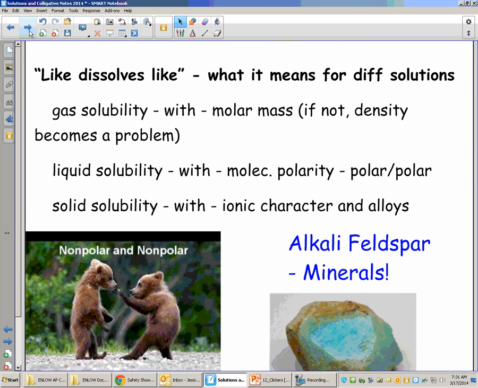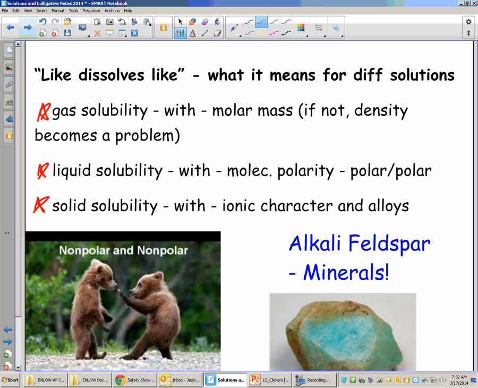And we pretty much just went through that. These are the three different types of solutions we're going to talk about today: gases, liquids, and solids. The gas solubility is mainly just telling you that gases will dissolve in gases. It means they'll make a mixture. We're breathing in a mixture right now. What's it made of? Oxygen and nitrogen, carbon dioxide, argon, a little bit of argon, and water vapor.